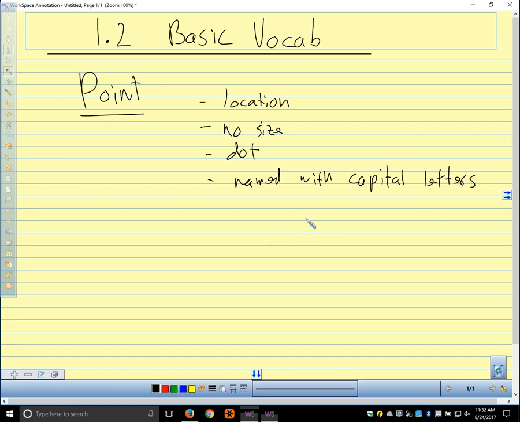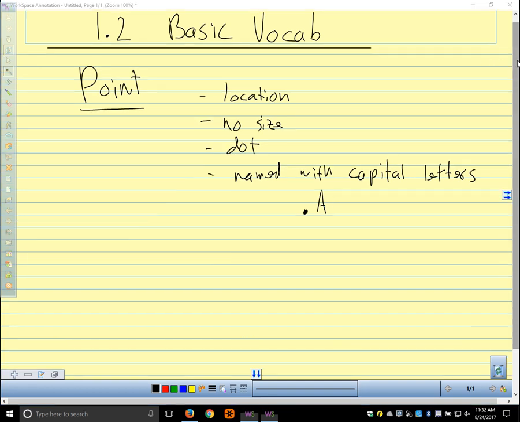So for example, we would say point A. That would be how we would name point A. So in your book, on a quiz or a test, if you see a dot and A, it's talking about the point named A. So that's how we name a point. Make sure that you have how we properly name a point written down on your graphic organizer.